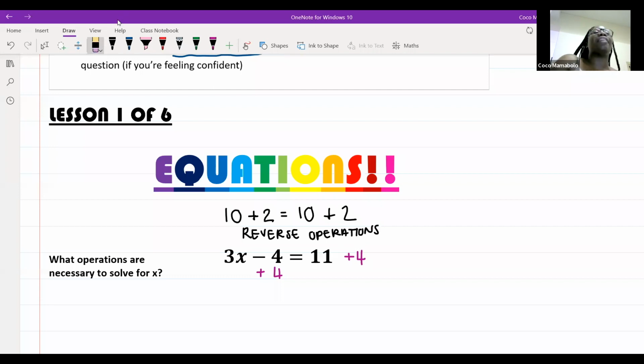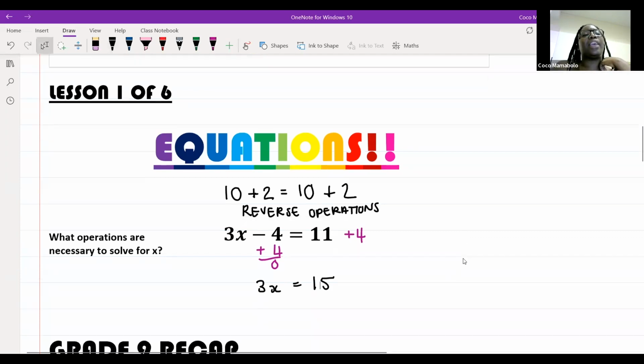So now I've added 4 on both sides. I need to make sure that my sum is equal. So -4 plus 4 is 0, but on this side, I've got 11 plus 4. Now what I've got on this side is 3x is equal to 11 plus 4, which is 15.